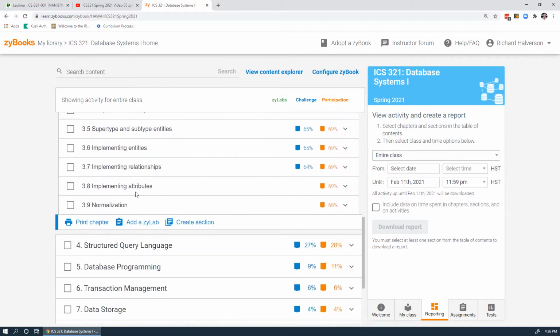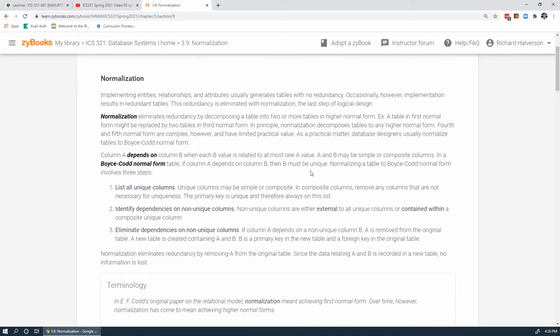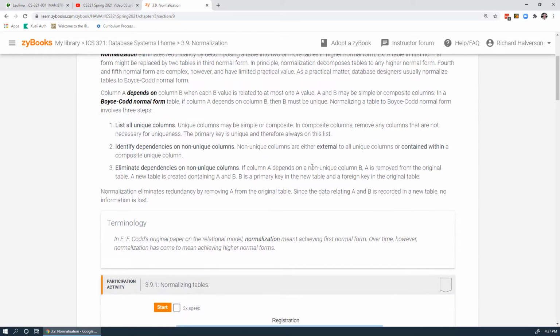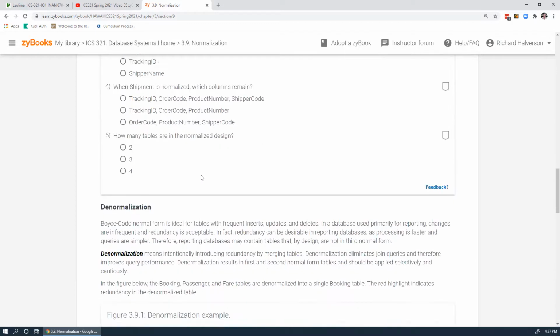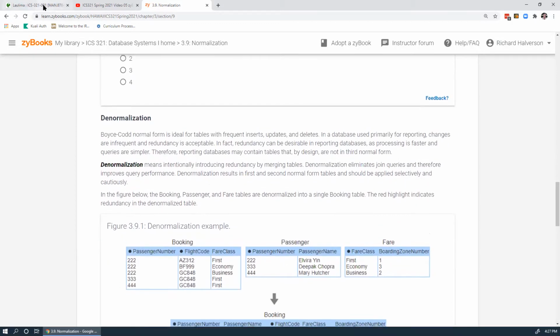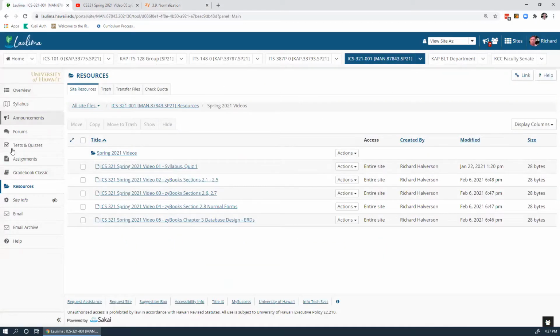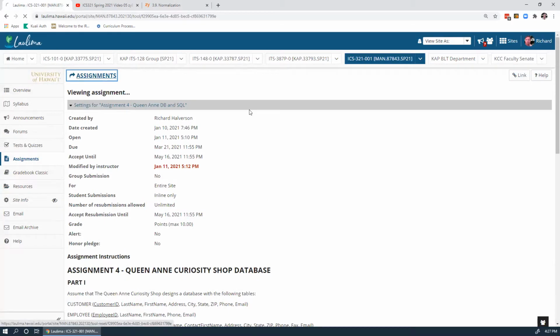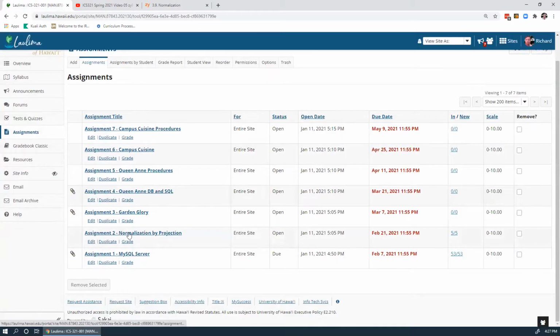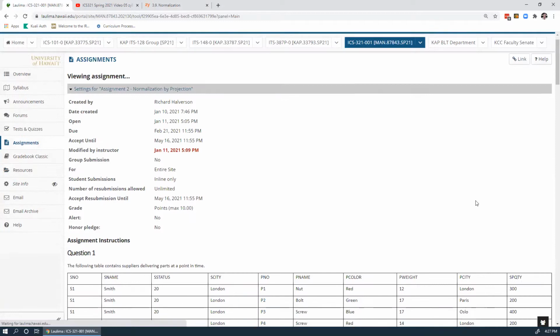This is normalization, and this is taking a table that is not in Boyce-Codd and converting it into tables that are Boyce-Codd. And this is exactly what you're doing in assignment 2, normalization by projection.